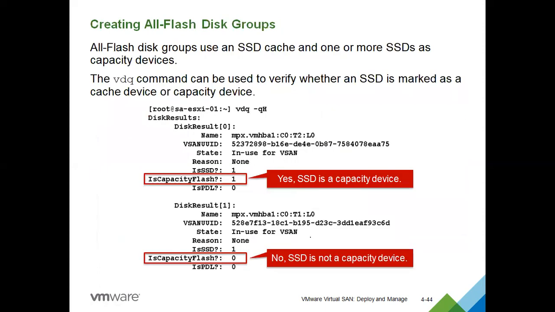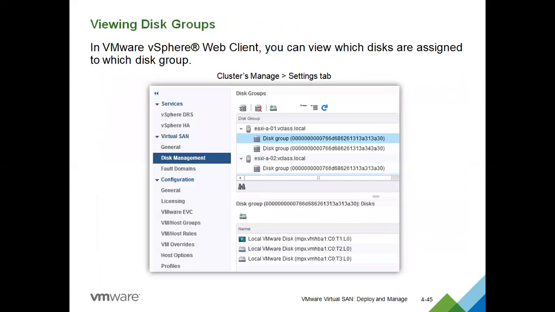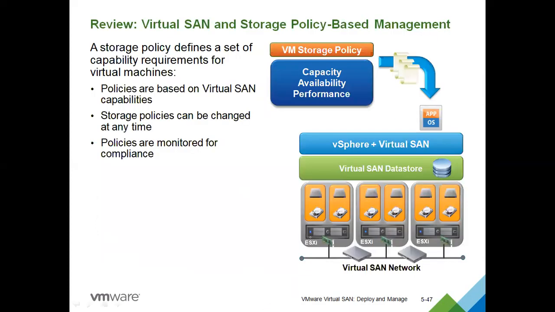So in this way, we can claim, yeah, these are the disk groups we can create. This is the important thing that we need to understand. We have discussed a few things already: storage policy based management.